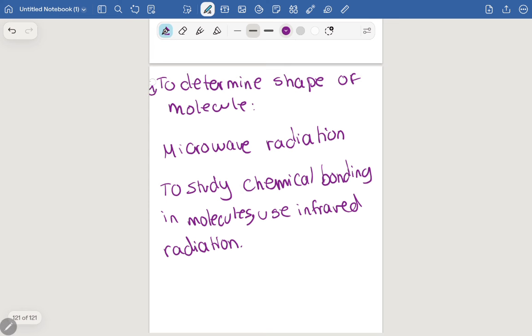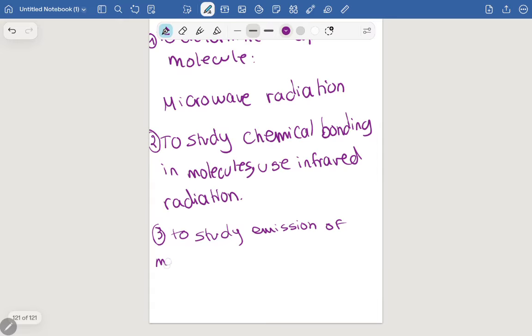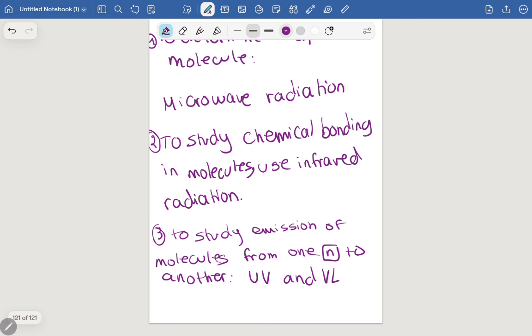So I will call this 1. This is 2. Now 3, to study emission of molecules from one energy level, which is n, to another. What do we use? We use ultraviolet, UV radiation, and visible light, VL, okay?